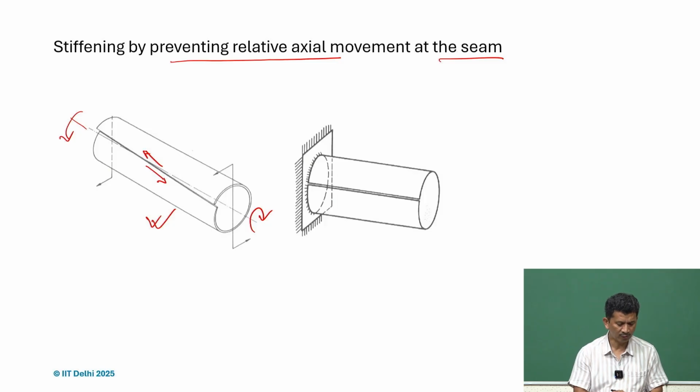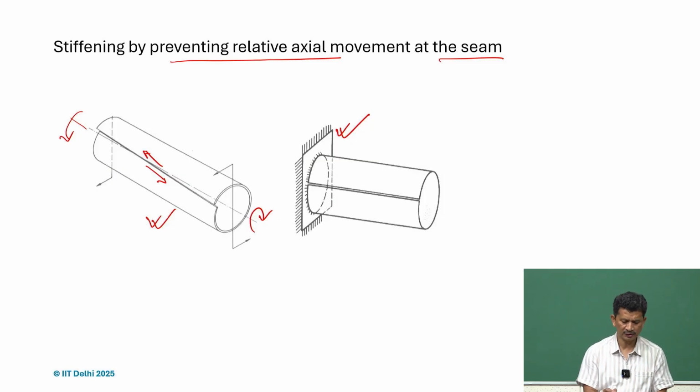But what happens the moment we seize that motion by some means? For instance, if we just close the end, by putting a plate at one of the ends and then welding it, we realize that the relative axial movement we are not allowing, and therefore the torsional stiffness of this one will be equivalent to the closed profile. So this is one of the ways.